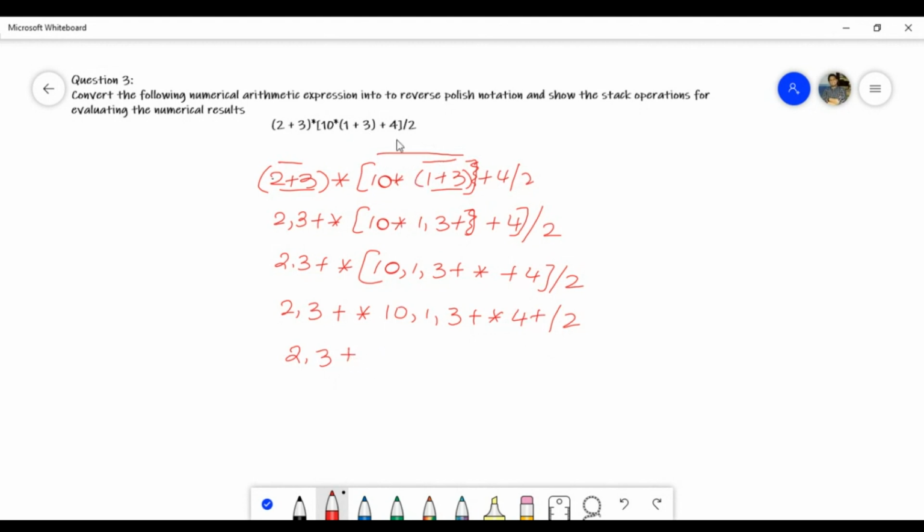And actually, when you write this expression, it is like this: 2 plus 3 cross 10 cross 1 plus 3 plus 4 divided by 2. So this term is divided by 2.